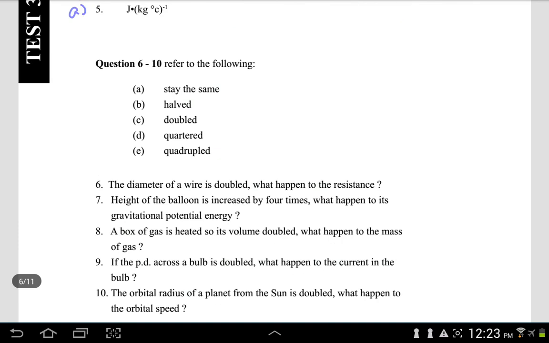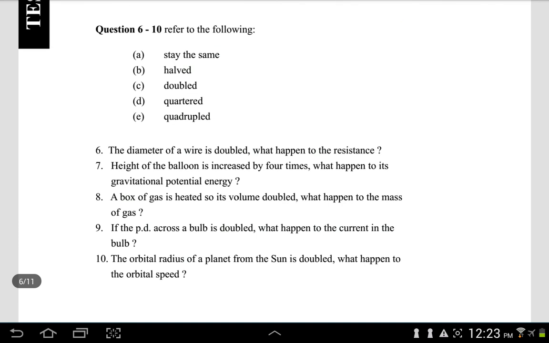All right, let's see number 6 to 10. So they want us to refer to the choice here. Number 6, the diameter of the wire is doubled. What happens to its resistance? We know that R, resistance, is inversely proportional to the radius squared.